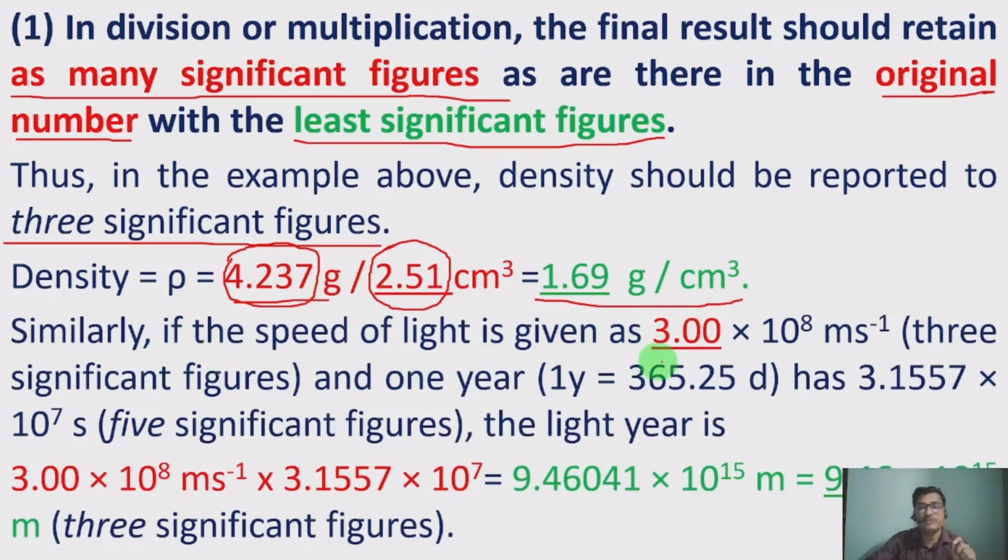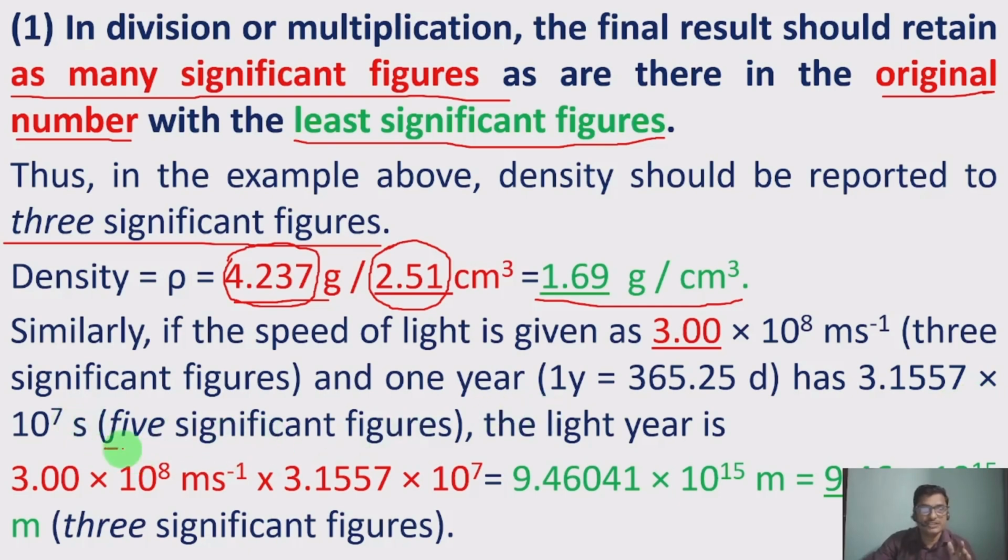Similarly, if the speed of light is 3.00 into 10 raised to 8 meter per second, that is also a rounded value, and it has three significant figures. And 1 year equals 365.25 days, which is 3.1557 into 10 raised to 7 seconds.